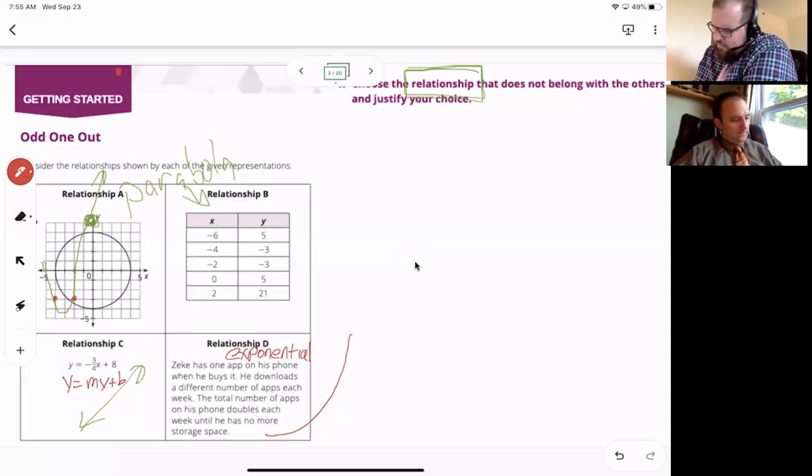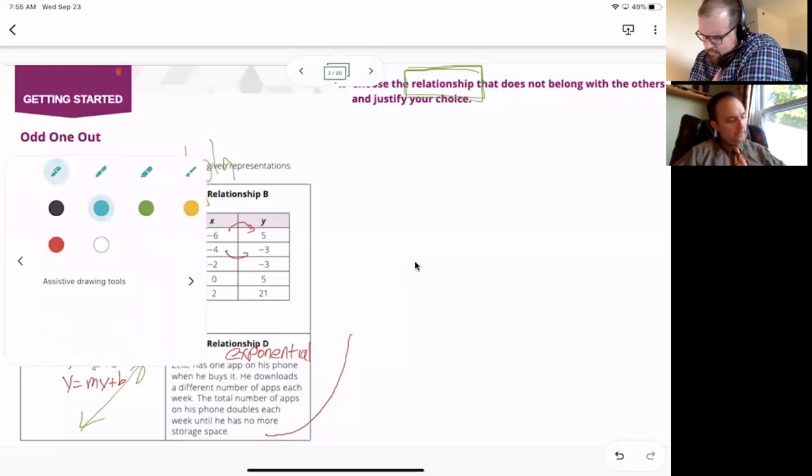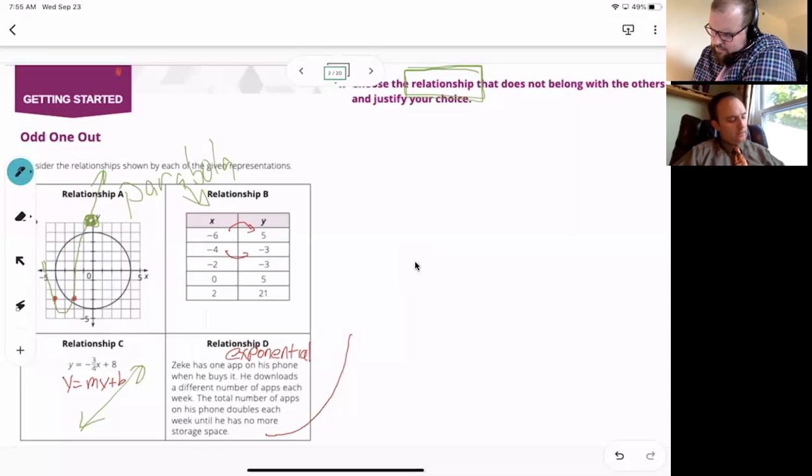So like for B, for -6, we know we have to do 5. Yes. For -4, we know we have to do -3. Yes. And in each of C and D, we could do the same type of thing with those numbers. I'm noticing that when you put in one x value, you only get one y value, or one input, you only get one output.